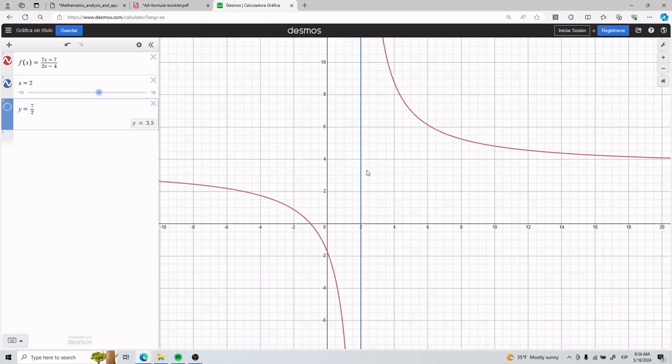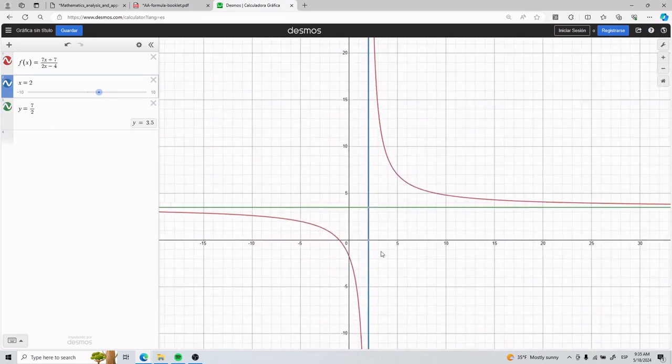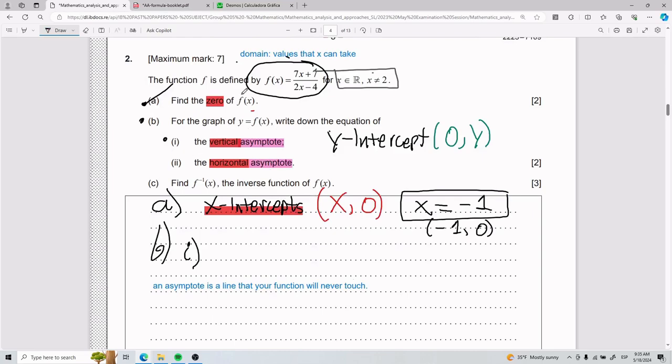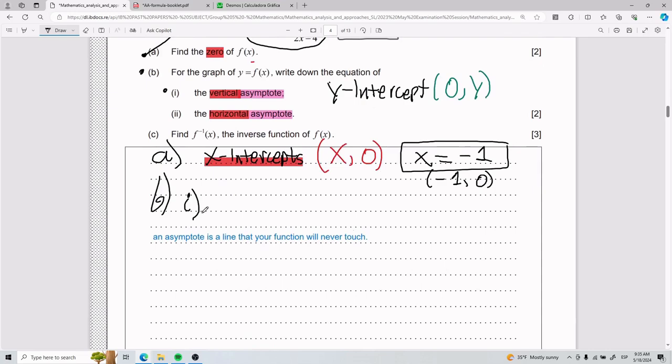For the vertical one, it's a fixed x value. And so that is the idea of an asymptote. Now, how do you actually find them? Well, for the vertical one, it's a little bit easier because now we have associated in our brains that vertical is a fixed x value.